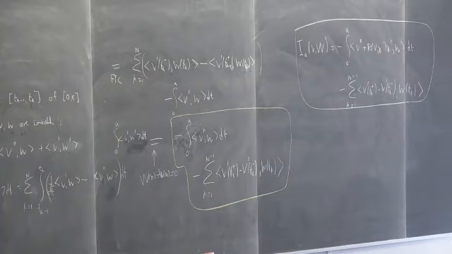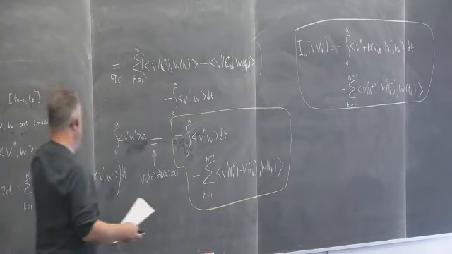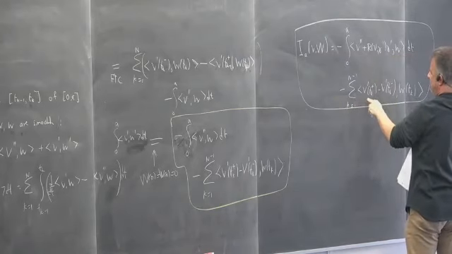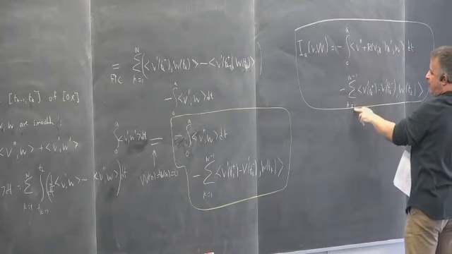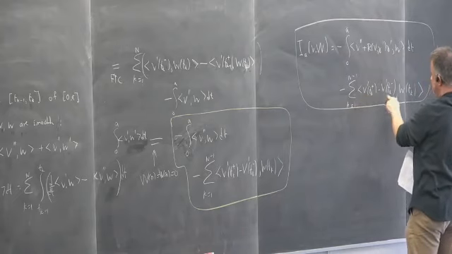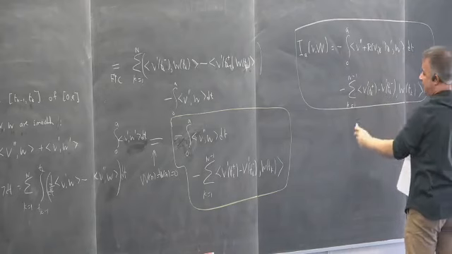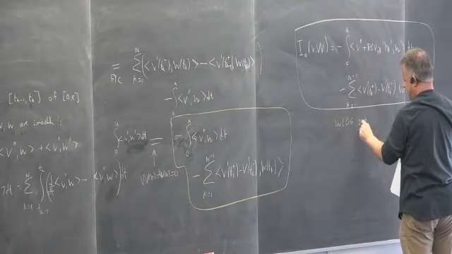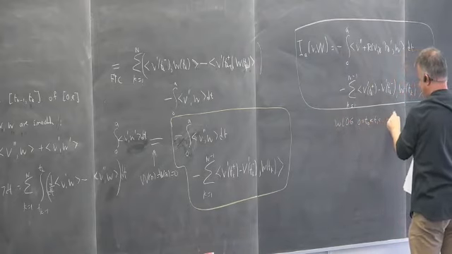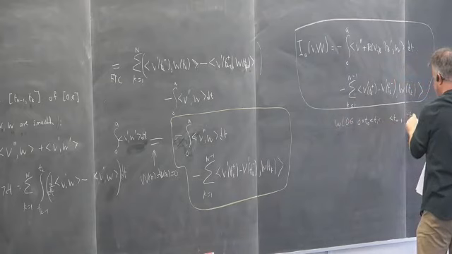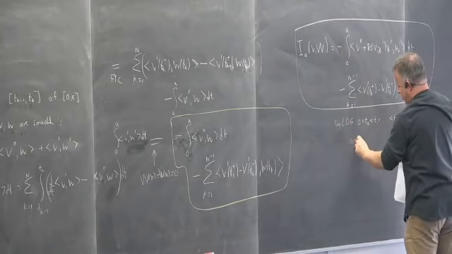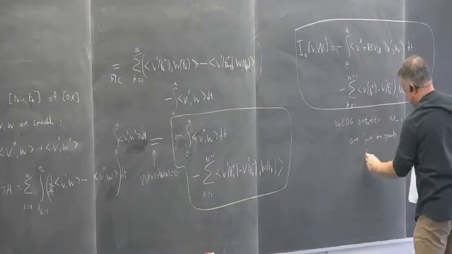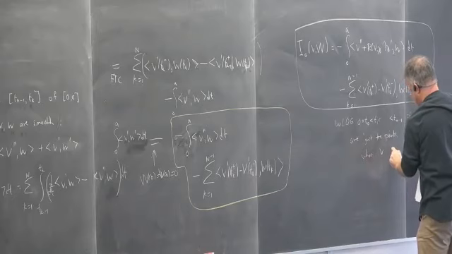Let's also observe, before we continue, that now that I've written it in this form, you can see that all that matters is the points where v prime jumps, right? Because that's the only thing I have here. So without loss of generality, t0 less than t1 up to tn minus 1 less than tn, which is a, are just the points where v prime jumps, right?